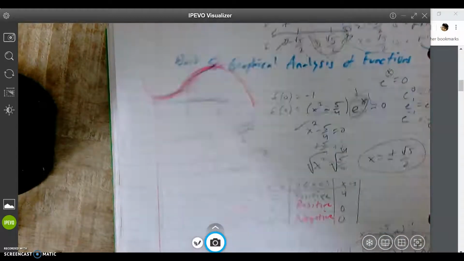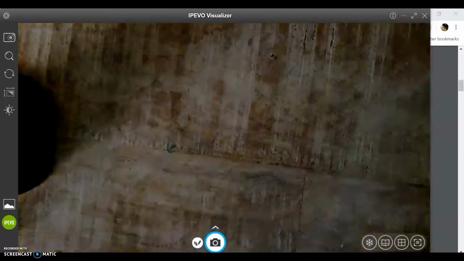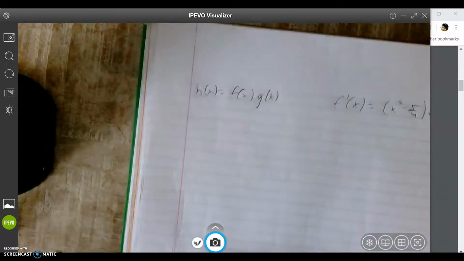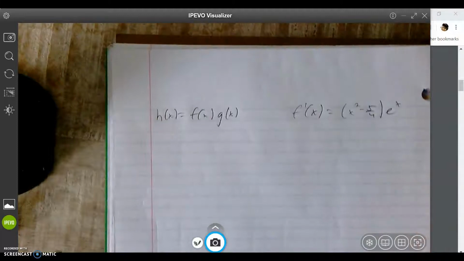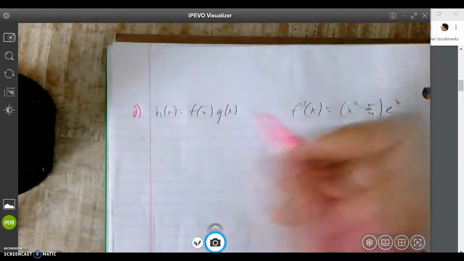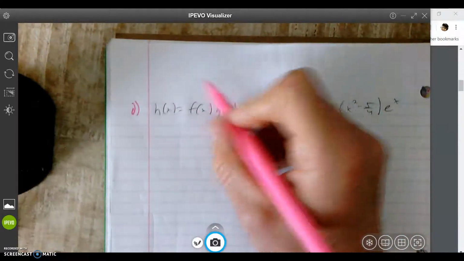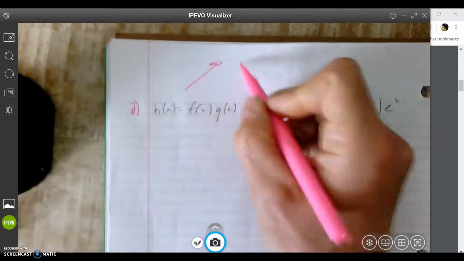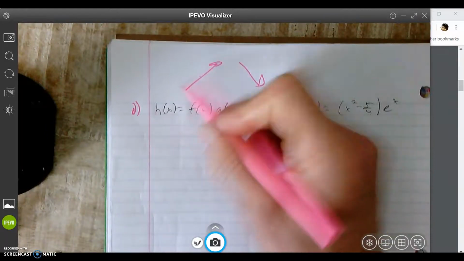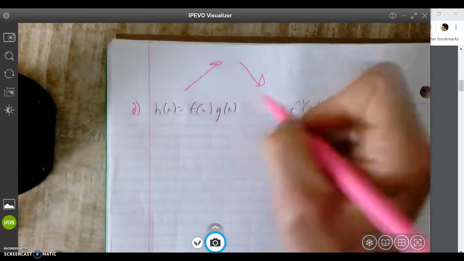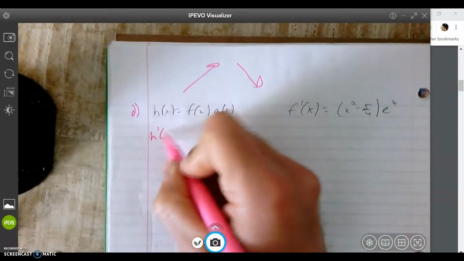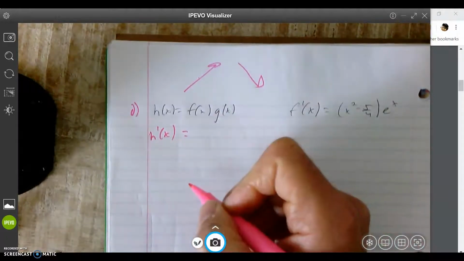Easy, right? All right, now let's do part D. Back to this page I was at before. For part D, you have to figure out whether H is increasing or decreasing at x equals 0. Increasing or decreasing means the slope is positive or negative, so I have to find h prime of x to start.